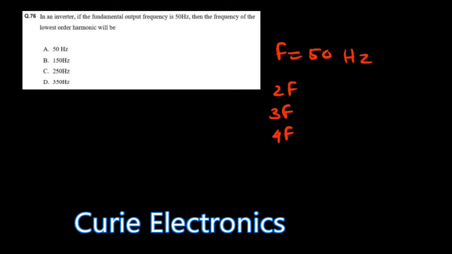But here, 2F would be 100 Hz, and after that 150 Hz. So the lowest is going to be 150 Hz. The answer is 150 Hz.